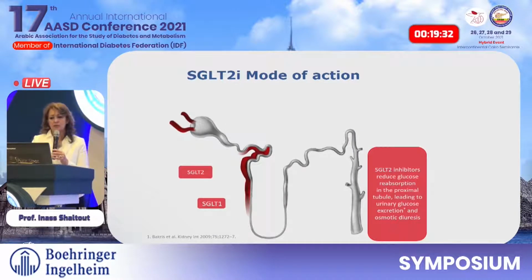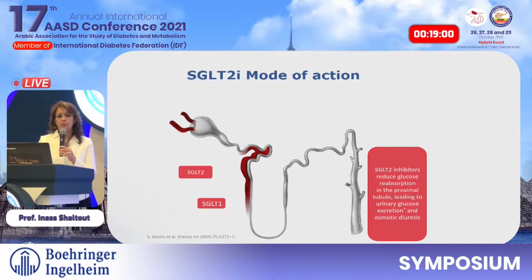Let me start with the mode of action of SGLT2 in summary. In the proximal tubules of the kidney, we have SGLT2 and SGLT1. SGLT2, sodium glucose co-transporter 2, has the job of reabsorbing glucose from the proximal tubules of the kidney.